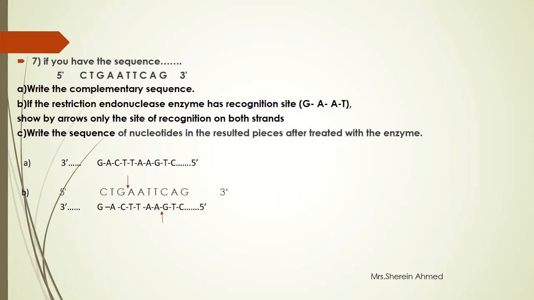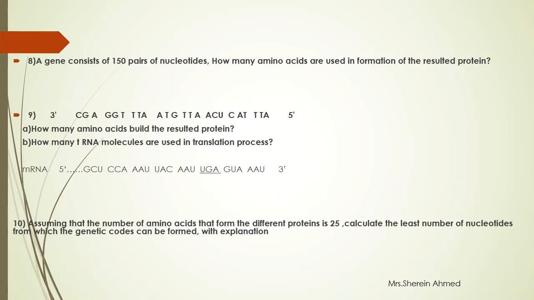Number C, write the sequence of nucleotides in the resulting pieces after treatment with the enzyme. Okay. A gene consists of 150 pairs of nucleotides. How many amino acids are used in formation of the resulting protein? 150 pairs of nucleotides, and you know that the gene is found on the two strands together.